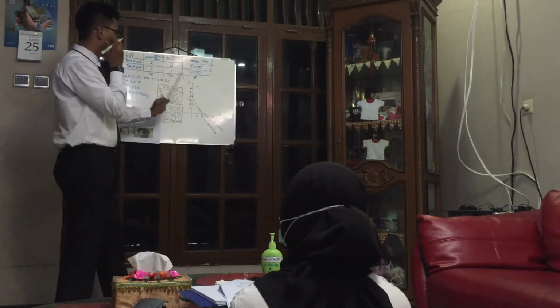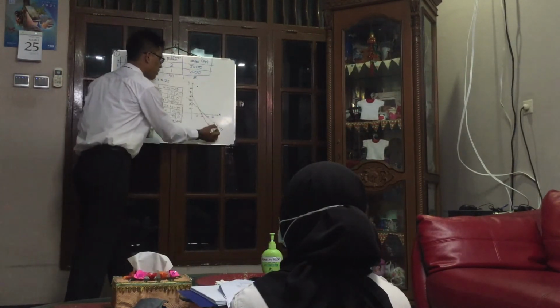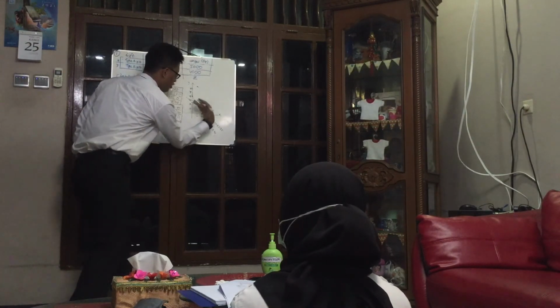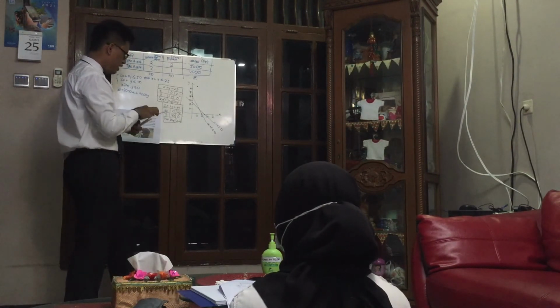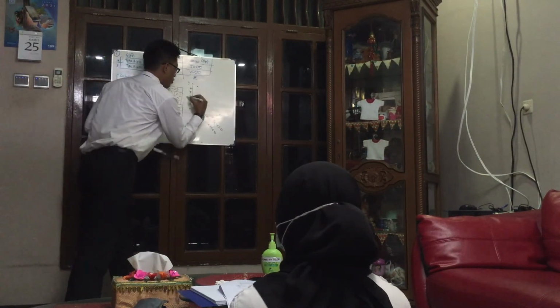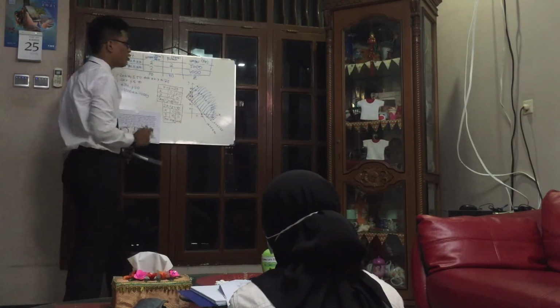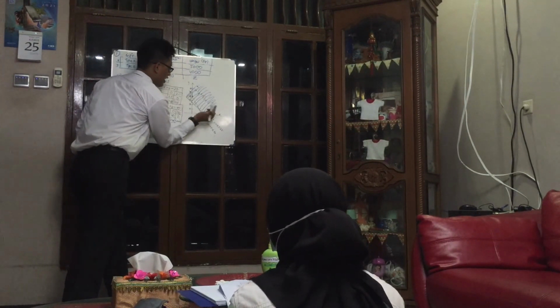Okay, we have both lines. For x plus y less than or equal to 25, is it down or upper? Down, so we shade the otherwise. Next, for 2x plus y less than or equal to 40, down. Okay.